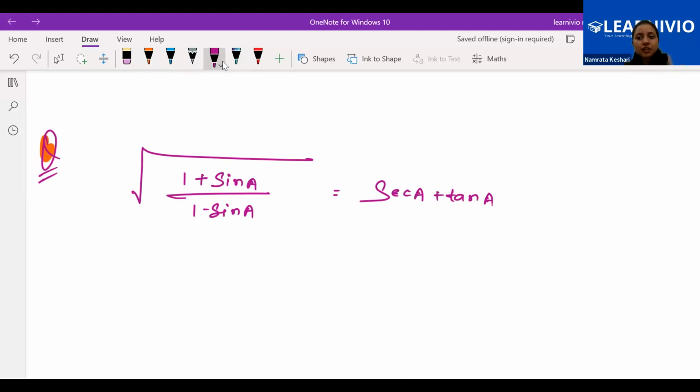What can be done over here? Anyone? What will be the instruction? The instruction will be: prove that left hand side is equal to right hand side. How will we show it? Any idea?